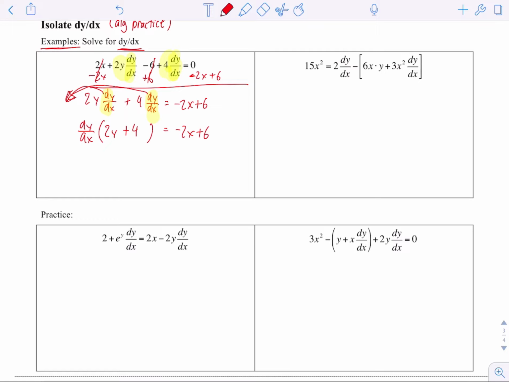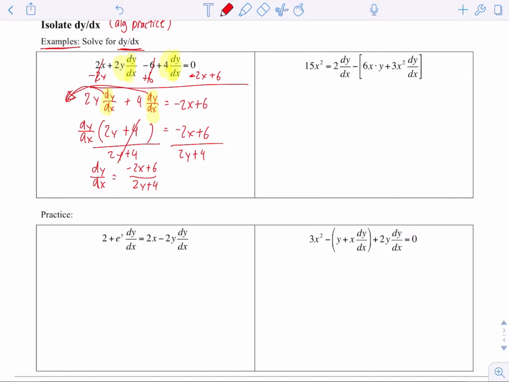And to get dy dx by itself, I want to divide both sides by this guy, 2y plus 4, and I get dy dx is equal to negative 2x plus 6 over 2y plus 4.